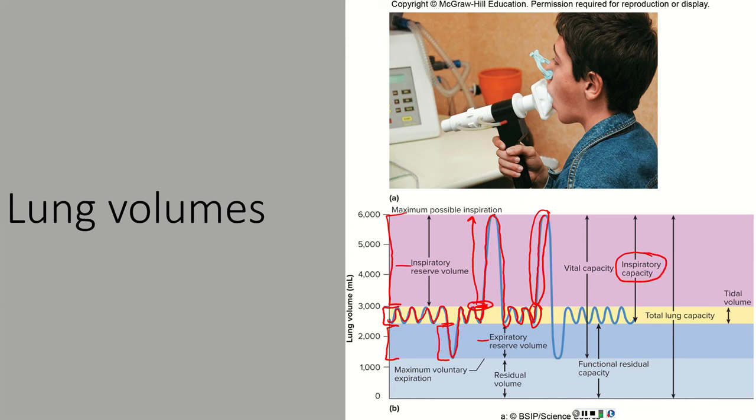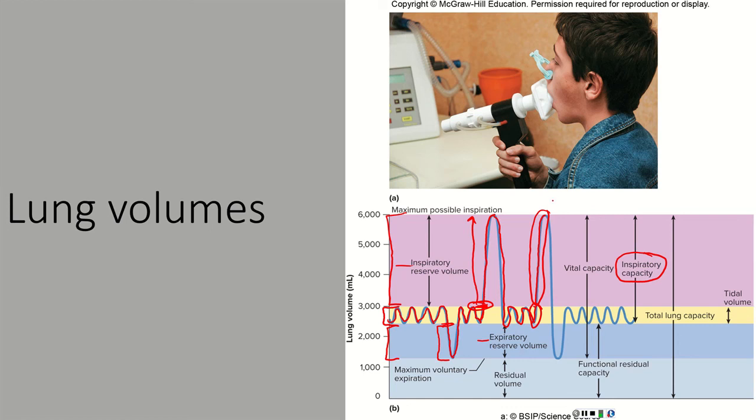Inspiratory capacity is tidal volume plus inspiratory reserve volume. I'll say that again. Inspiratory capacity is tidal volume plus inspiratory reserve volume. It includes a regular quiet inhale plus the air that we can forcefully inhale.